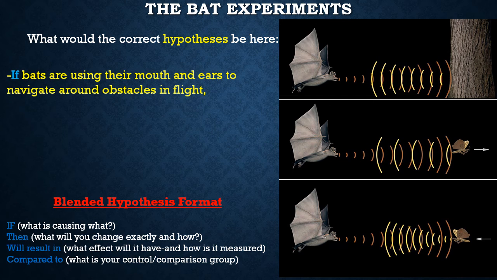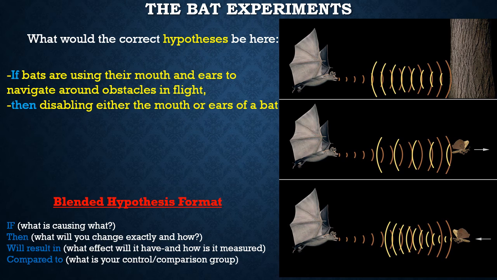We'll say, if bats are using their mouth and ears to navigate around obstacles in flight, and you can see that's the if, what is causing what. Bats are using their mouth and ears to navigate around obstacles in flight, because they didn't have a term for echolocation at this point in time, so you can't use that. Now we're going to go with this comma, and then you're going to go with then.